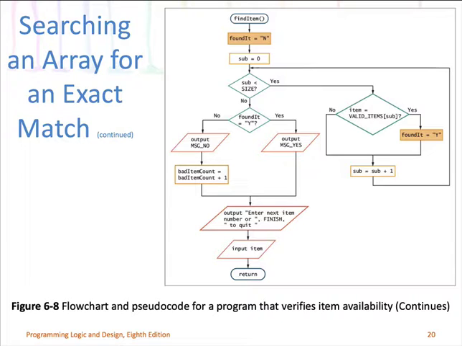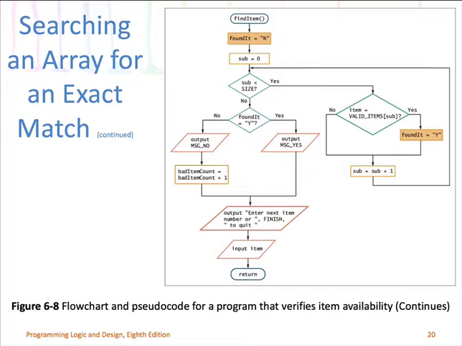So here's the interesting module called find item. So you set foundit to no or false. You set your subscript to 0, and then you check, am I still in the range of valid subscripts? That is sub less than size. If yes, then I check that location. Notice that they use sub as the index into the array valid items.